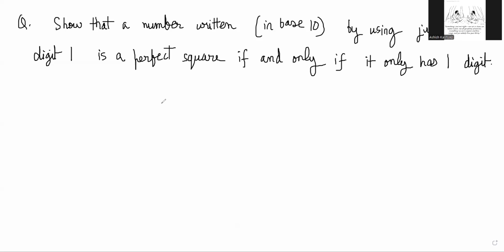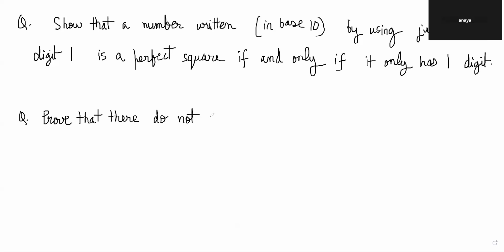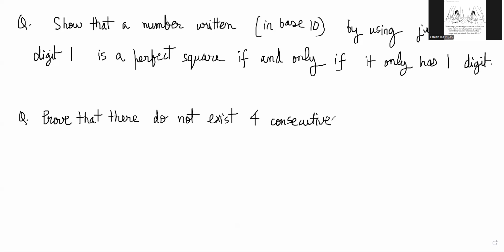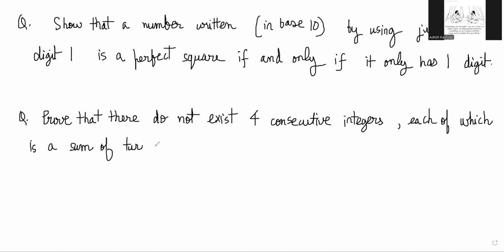Then the next problem is, prove that there do not exist four consecutive integers, each of which is a sum of two squares.